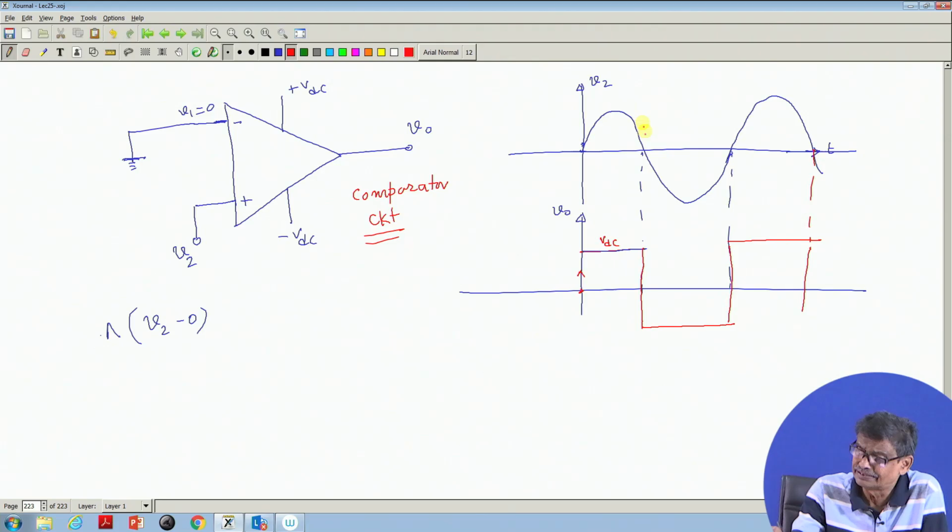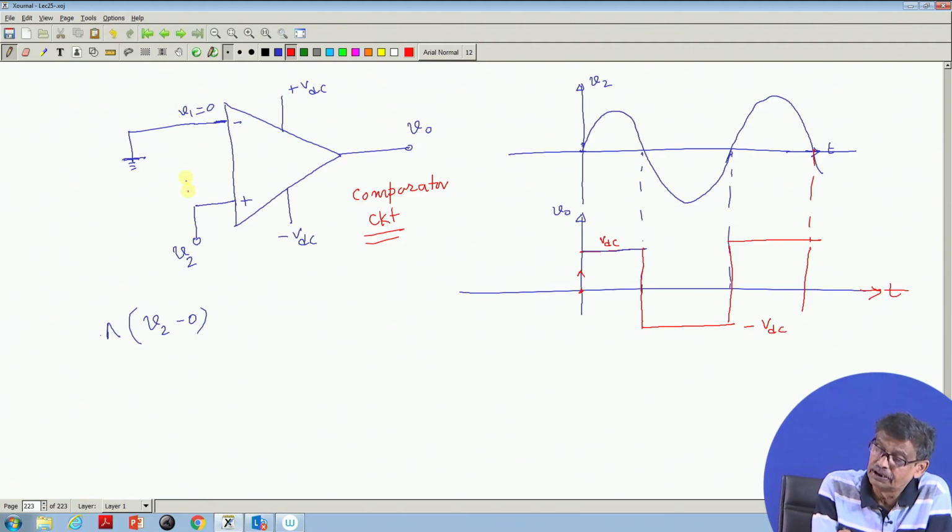It could be any other signal, but whenever this goes positive, it will become like this, and if it goes negative, it will saturate to a negative value. That is the thing. What is this axis? Time. So, any difference in the voltage V2 and V1 will make the output go to either plus VDC or minus VDC.